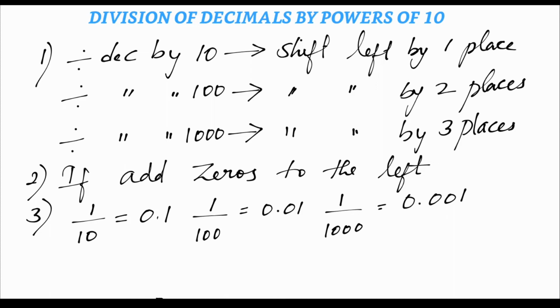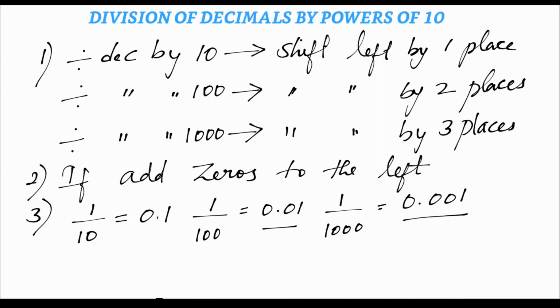So when you divide a number by 10, it is the same as multiplying by 0.1. If you divide by 100, you can multiply by 0.01. If you divide by 1000, you can multiply by 0.001, and vice versa. Okay.